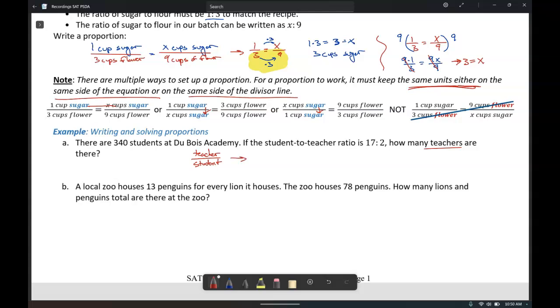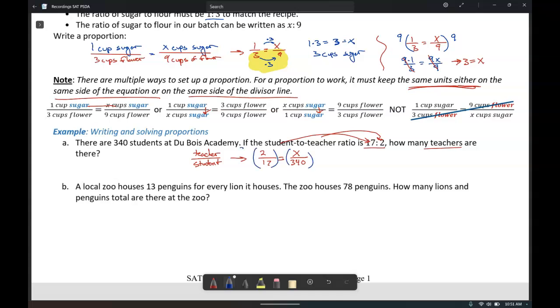And so we can start with the ratio that was given. There are 2 teachers to 17 students. We want to solve for the number of teachers, and there's 340 students. Okay, so now what we can do is multiply by our least common denominator. And our least common denominator here is actually going to be 340 because 340 is a multiple of 17.